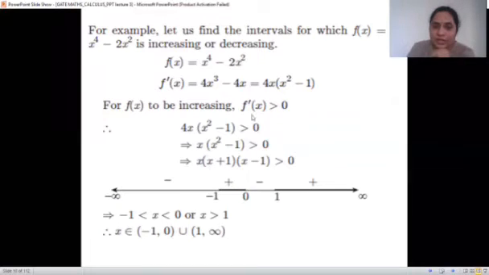It will be 4 into minus 1, minus 4 into minus 1 square, so 1 minus 1, that is 0. Zero into anything is 0, and 0 can be taken as positive. So at minus 1, f dash is positive.